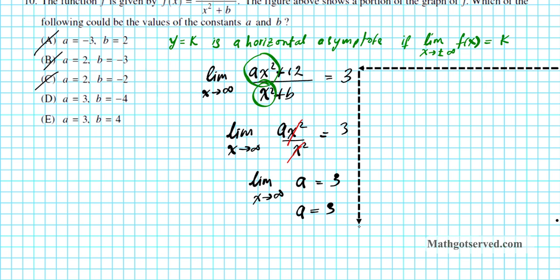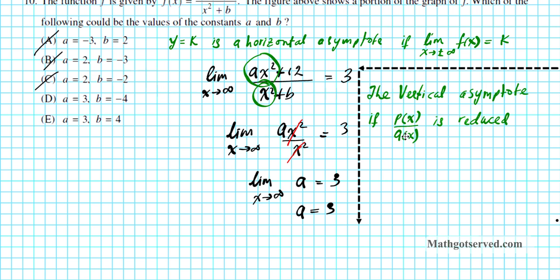So for vertical asymptotes, there is a vertical asymptote if a rational expression p of x over q of x is reduced. So basically, there are no common factors, because if you have a common factor, that's not a vertical asymptote.